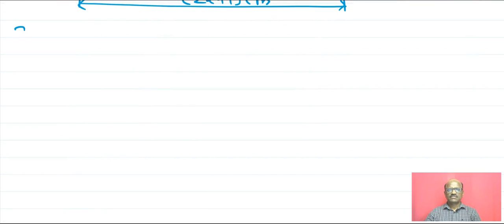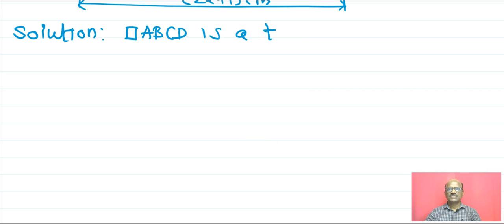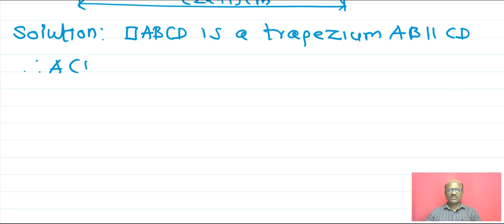Therefore, the solution: quadrilateral ABCD is a trapezium, AB is parallel to CD.